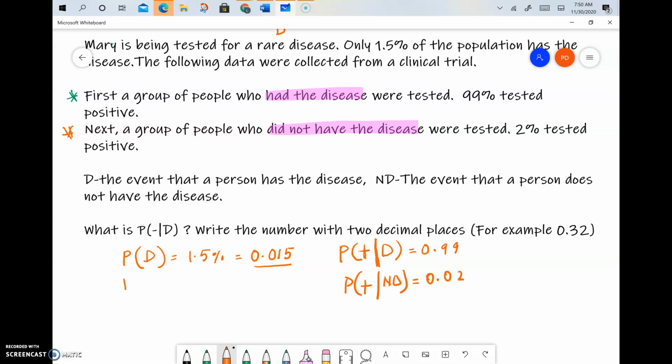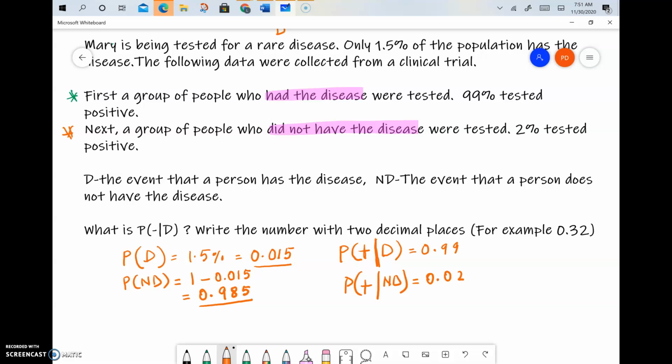The opposite of that is probability of no disease, which is equal to 1 minus 0.015. So that would be equal to 0.985. So that would be the probability that a randomly chosen person in that population does not have the disease.